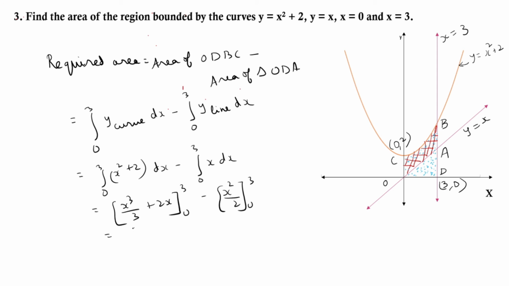So this is equal to 3 cube by 3 plus 6, 2 3s are 6, minus 0, minus 3 square by 2 minus 0. So here it will be 3 square, which is 9. 9 plus 6 is 15. So it is 15 minus 3 square is 9, 9 by 2. So this is equal to 30 minus 9, it is 21 by 2 square units.